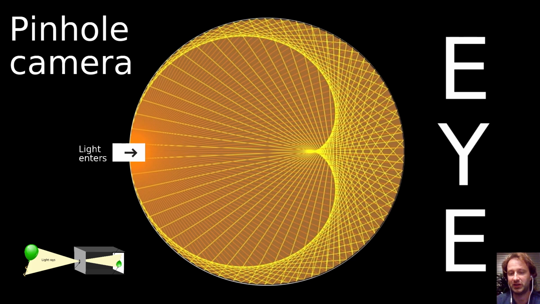The light goes in all directions into that point. It's a pinhole camera, so to say, the eye is. And you can take the eye, you can change the y into a v. You say, the eye becomes an eve. Wow, you see some stuff going on there.